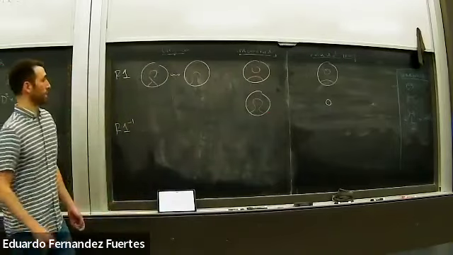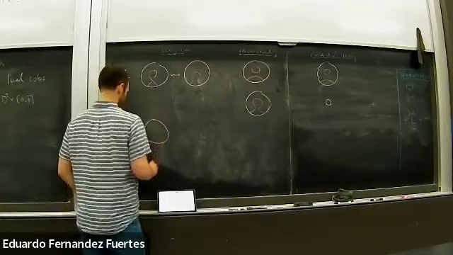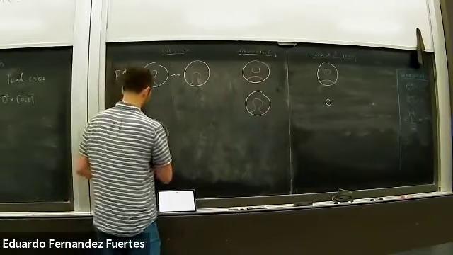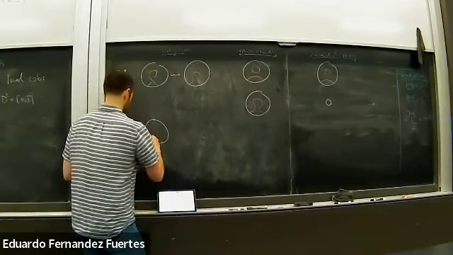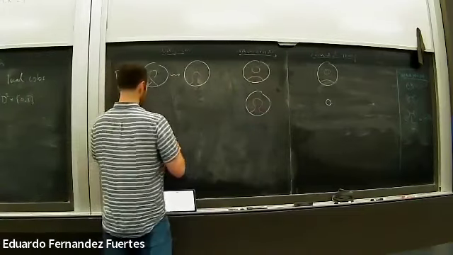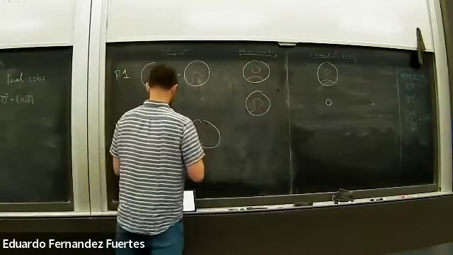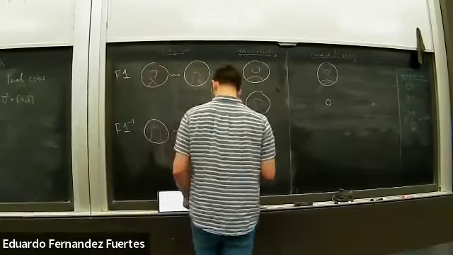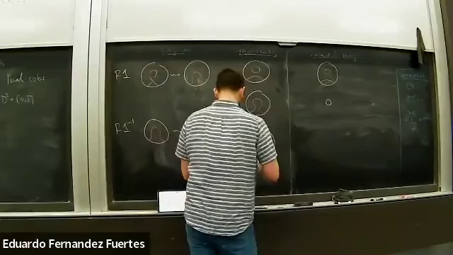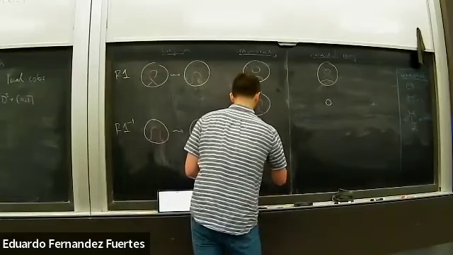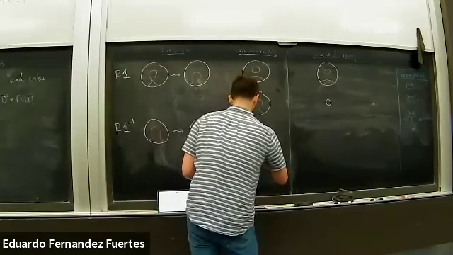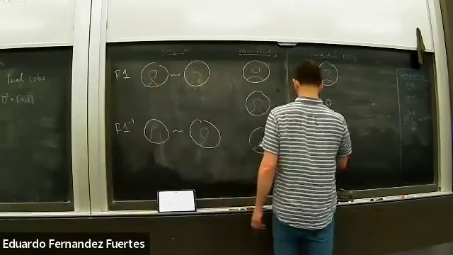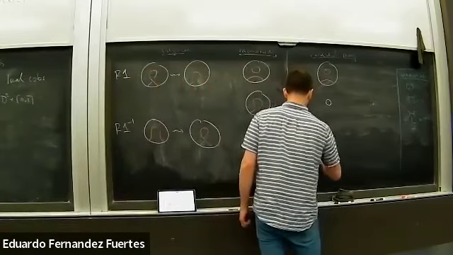If I want to consider its inverse, that's going to go from here to here. And now there's only one smoothing to consider because there's no crossings. And we're going to write the definition down in two different ways.